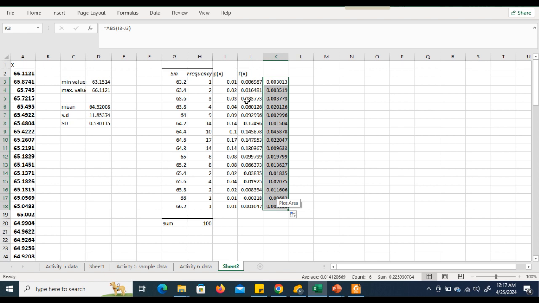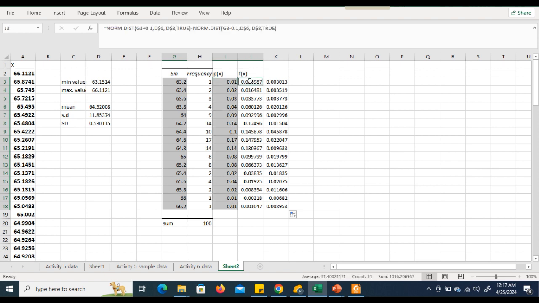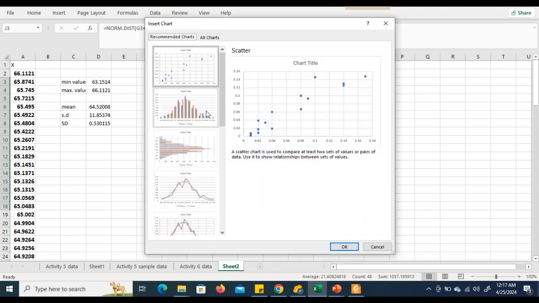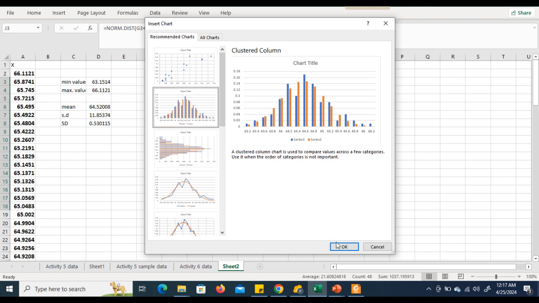so it means that the values are very close. But to get more accurate idea, we can plot this data. Control shift down, we have selected first column, then probability, release shift, and then control shift down, release shift, select this box, control shift down key, and then click on insert. There is option of recommended chart, and then we can select even the line graph, or we can select the column graph.